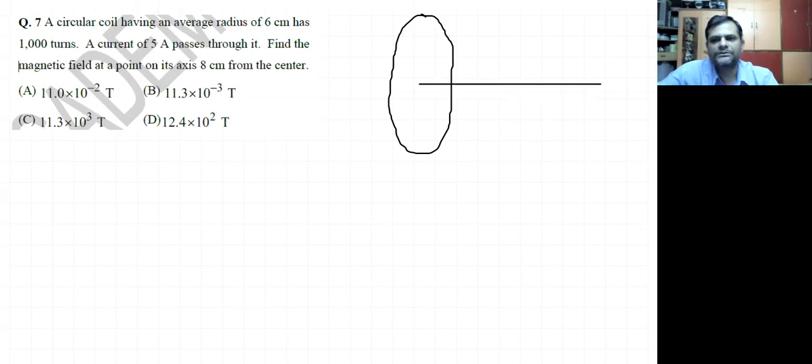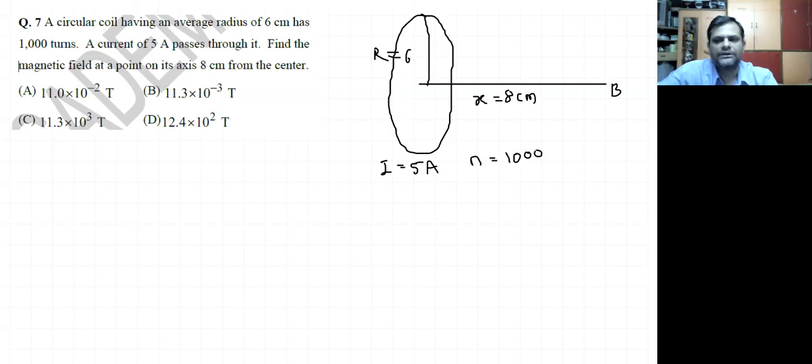And we want to find out the magnetic field at a point at a distance of 8 centimeter from its axis and center. Here we have to find out how much magnetic field there will be at 8 centimeter. The radius of this coil is already given as 6 centimeter. Capital R is going to be 6 centimeter, and X, that is the distance of the point where the magnetic induction is to be found out from the center, is given to be 8 centimeter here. And current in the coil is already given to be 5 ampere, and number of turns is 1000.